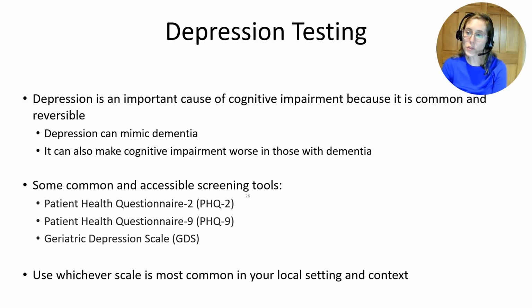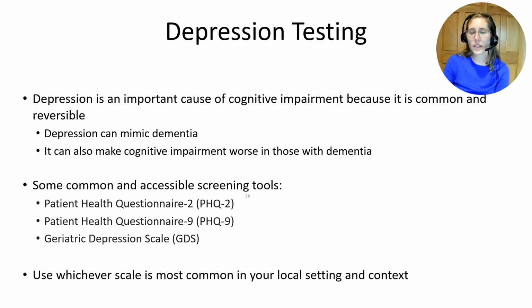Depression can also make memory issues worse in people with dementia. So even after you've already made that dementia diagnosis, you still need to be concerned about depression along the way, because it is something that can contribute to worsening memory issues. And again, it's common, treatable, and reversible.